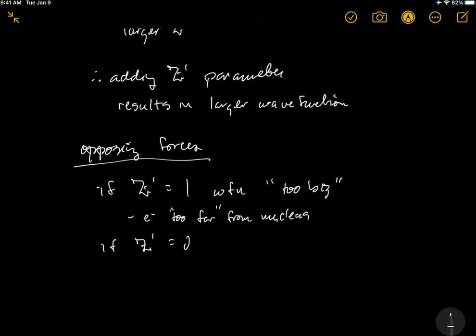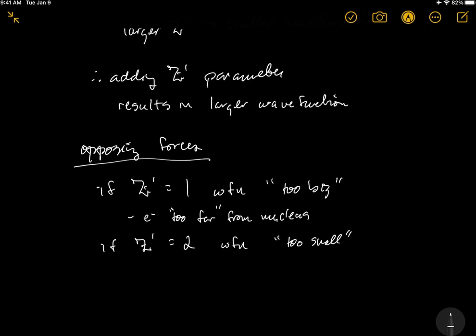If we have Z prime equals 2, then our wave function is too small. Z prime equals 2 is great for optimizing the interaction between each electron and the nucleus.